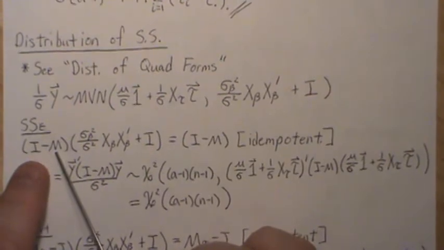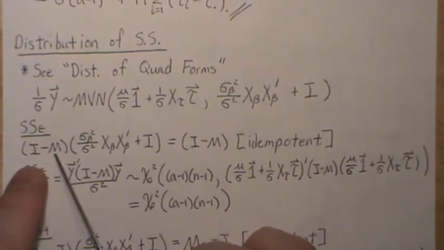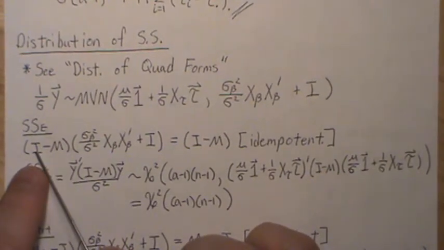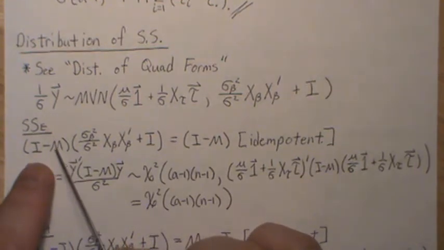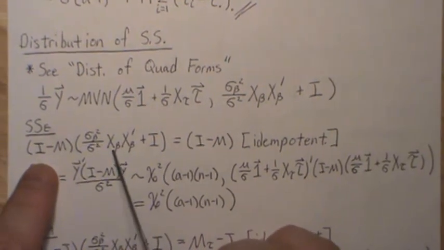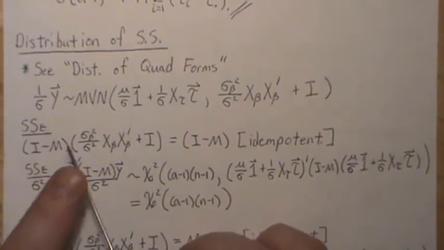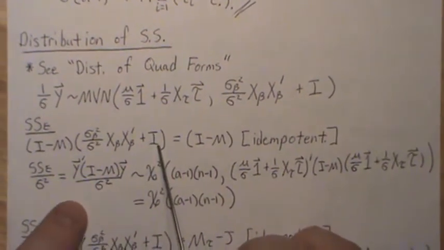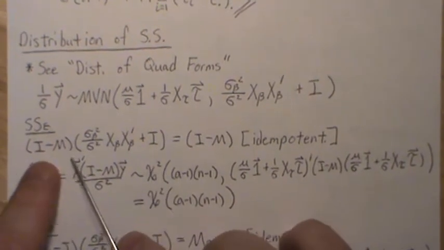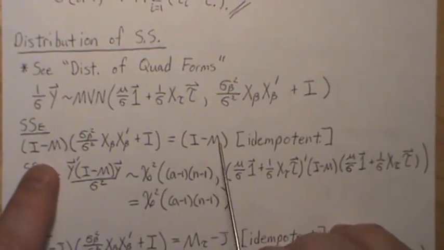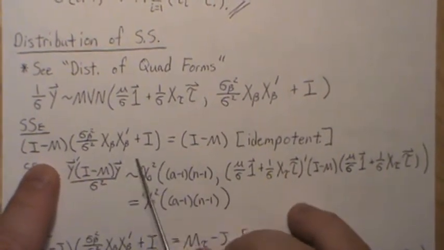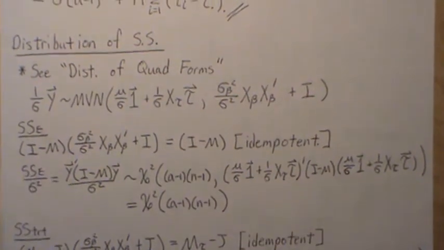So I minus m is a perpendicular projection matrix into Rn space, but perpendicular to the column space of x. So since this is in the column space of x, this times that is 0, so it goes away. And then this times this, we just get this times this, which is I minus m. But I minus m is idempotent, so this part of the theorem is true.